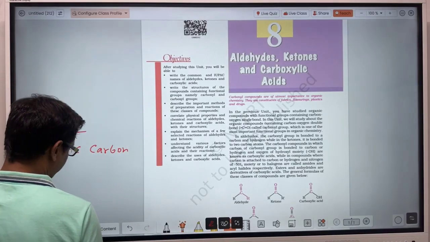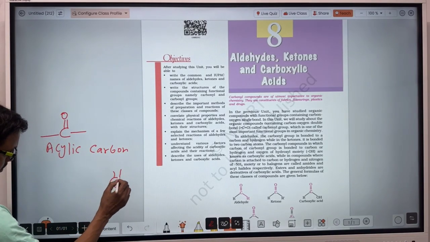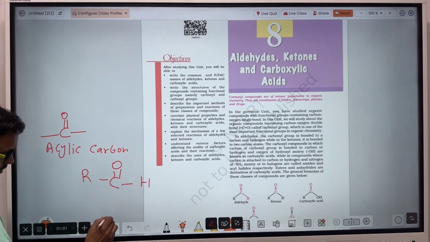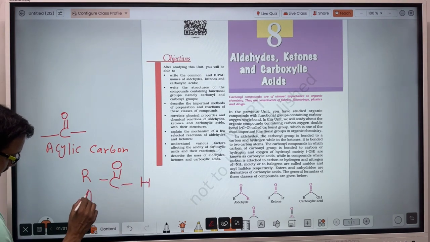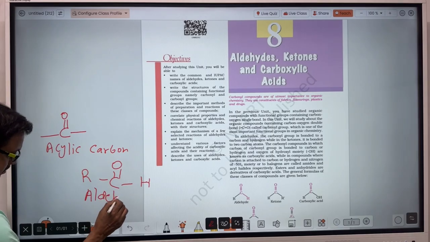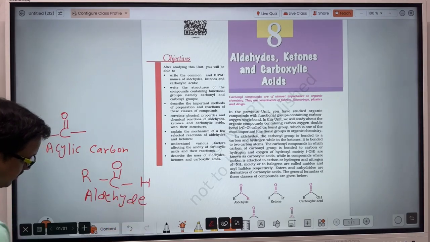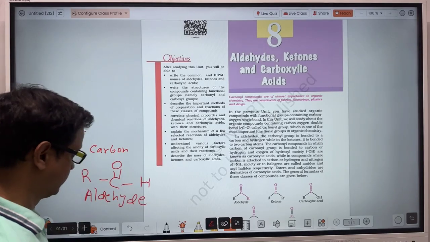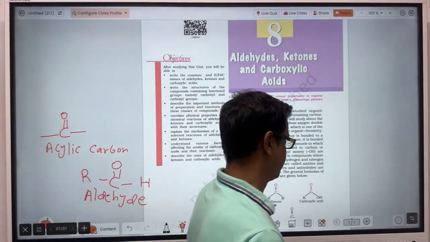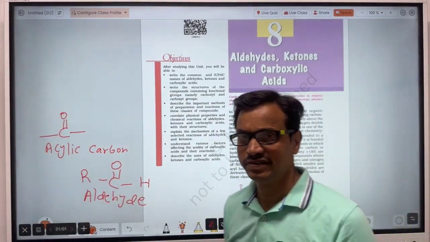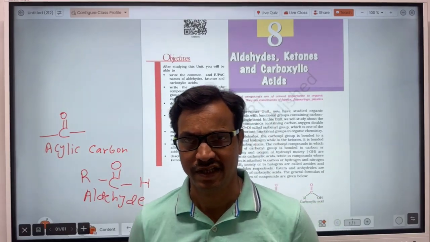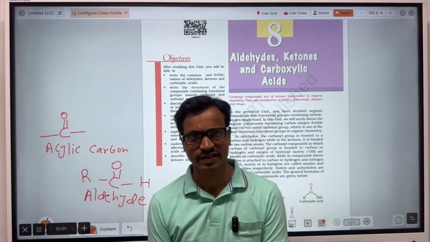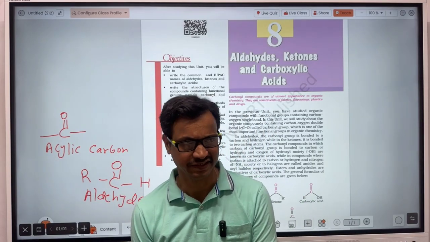When, to this acyl carbon, one side there will be hydrogen and one side an alkyl group, then that will be called aldehyde. So when there is an alkyl group and a hydrogen bonded to the acyl carbon, the compound will be called aldehyde.